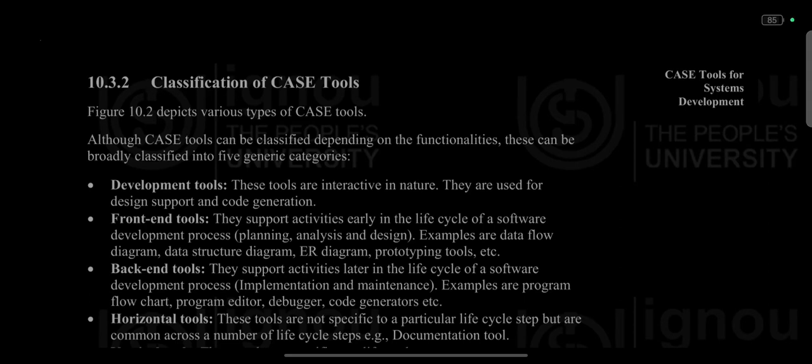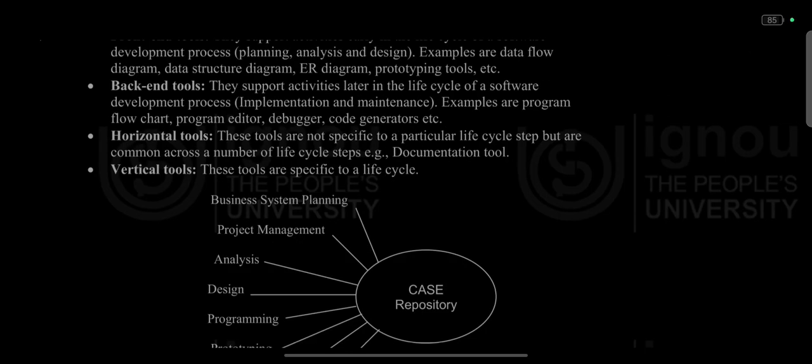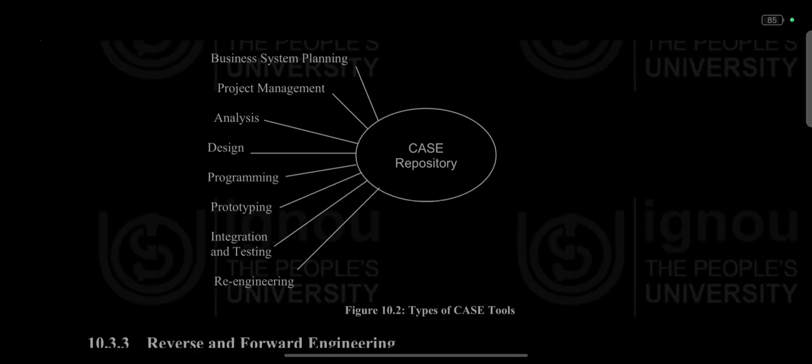These tools are not specific to a particular life cycle step but are common across a number of life cycle steps. Example, a documentation tool. Vertical tools. These tools are specific to a life cycle step, like business system planning, project management, analysis, design, programming, prototyping, integration and testing, re-engineering.